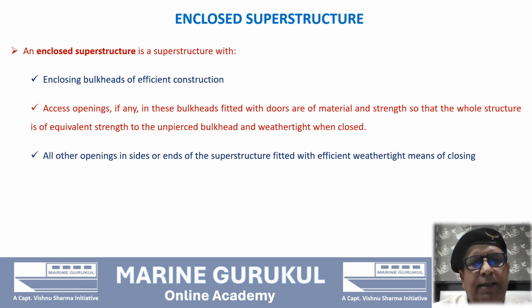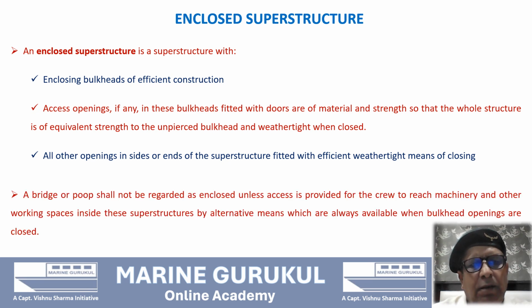All other openings in the sides or ends of the superstructure are fitted with efficient weathertight means of closing. A bridge or poop shall not be regarded as enclosed unless access is provided for the crew to reach machinery and other working spaces inside these superstructures by alternate means which are always available when bulkhead openings are closed.